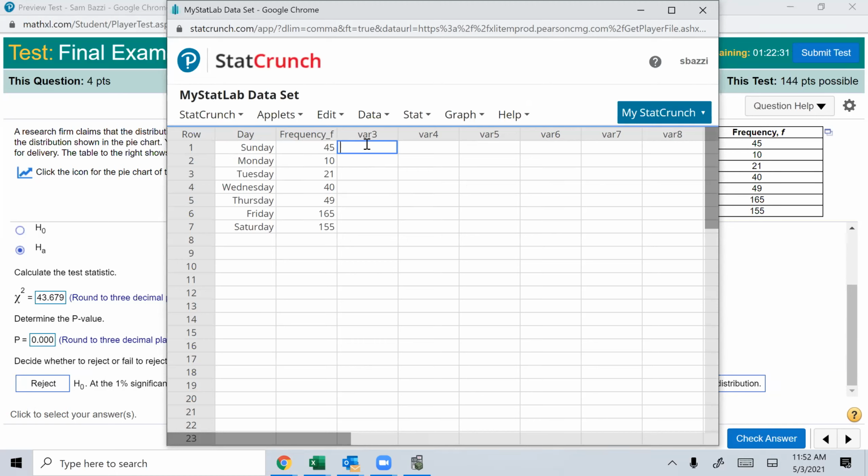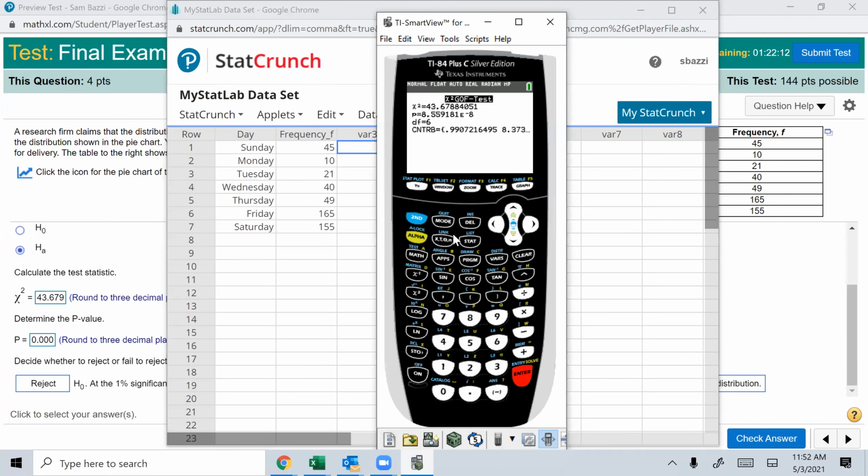You have to enter the expected values right here, guys. You will have to enter the expected value. You have to do them by hand and enter them right here, just like we did on the calculator. So you put the expected value here, and then you go to Stat. Let me just pretend I'm putting some values right here.